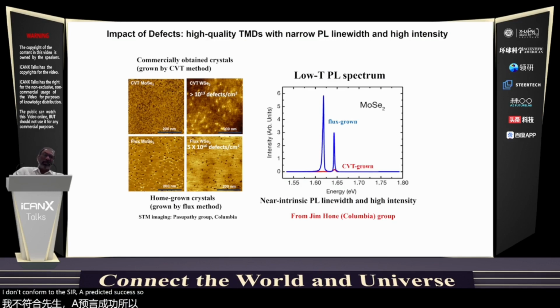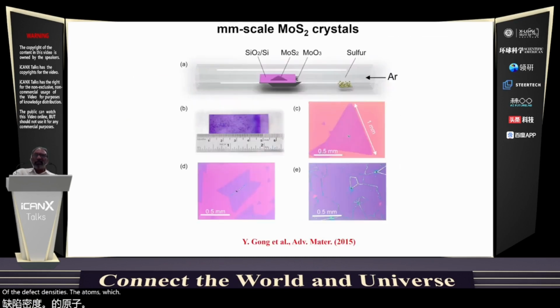So one of the reasons why you're finding a range of data from many of these materials grown in different places and different groups is partly because of the defect densities in these materials.